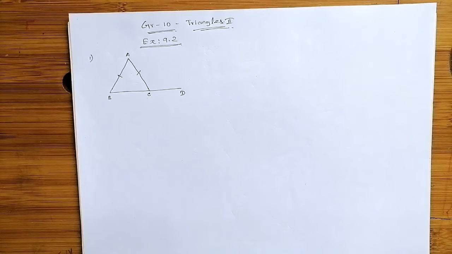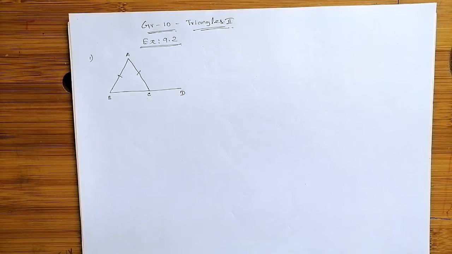We have a figure, triangle ABC is given. The side BC is produced to D. That is the given figure. And the sides AB and AC are equal.